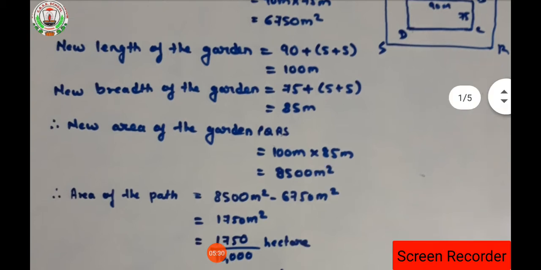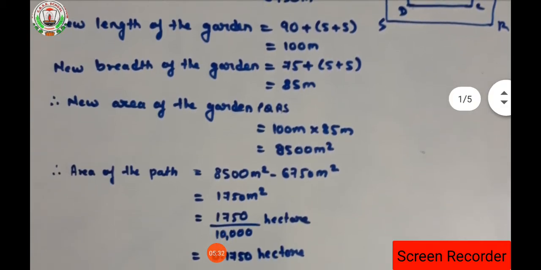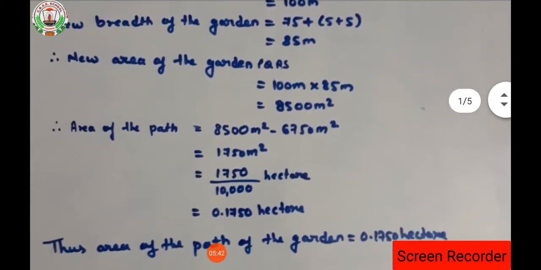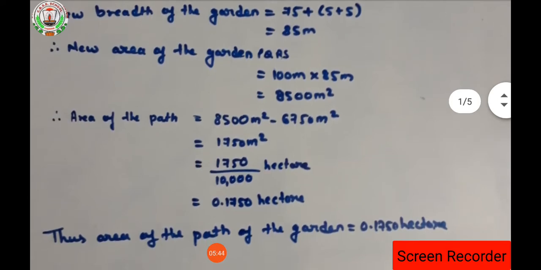Clear, everyone? Now we have found the area of the garden as well as the area of the garden including the road. In the question, we have to find the area of the path. The actual length we had already found.